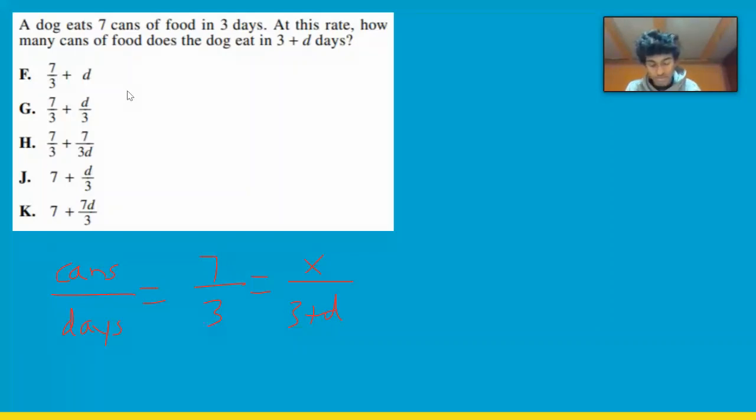So what we can do is just cross multiply to solve this proportion. So 3 times x is just 3x. This is equal to 7 times (3 plus D). Then distributing the 7, we get 21 plus 7D.